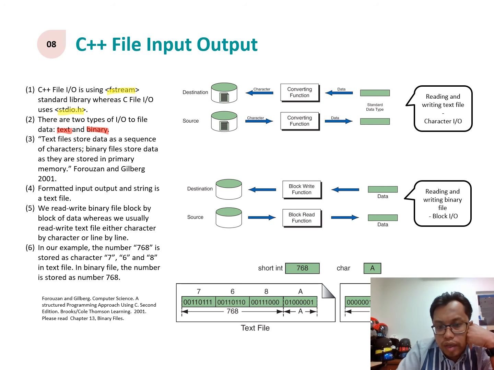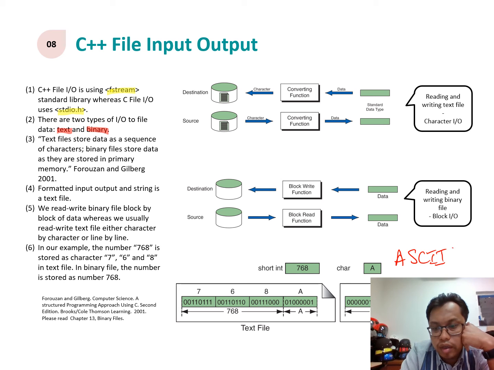How you can visualize that, let's say you want to store the values, a short integer of 768 and a character A. If you want to read and write using binary, the character A is definitely saved as binary for A. If you look into the ASCII table, there is a certain value representing capital A. I don't remember what capital A represents, but you can Google it.